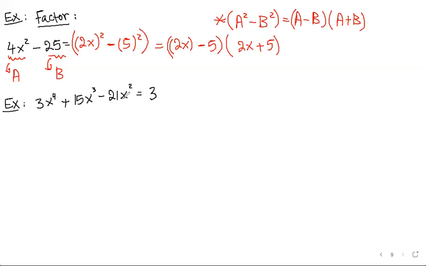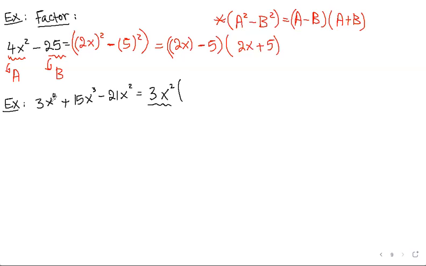Now, I'm looking for the variables. What's the greatest common factor for the variables x squared, x cubed, x to the power 4? It's x squared. So this is my greatest common factor.